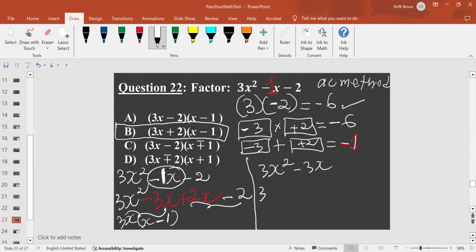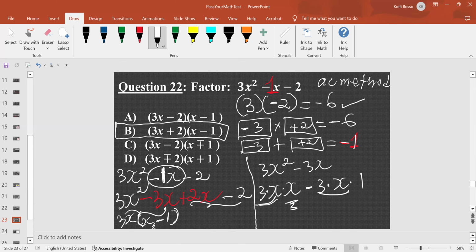It's like you have 3 times x times x. That's 3x squared. Minus 3 times x times 1. That's 3x. So we have 3x as a common factor. The same expression repeating, that's how we put it outside the parentheses here. Now what is left after I pull this 3x outside is x, which is the x inside here. And what is also left after I remove the 3x is negative 1. That's what we have there.